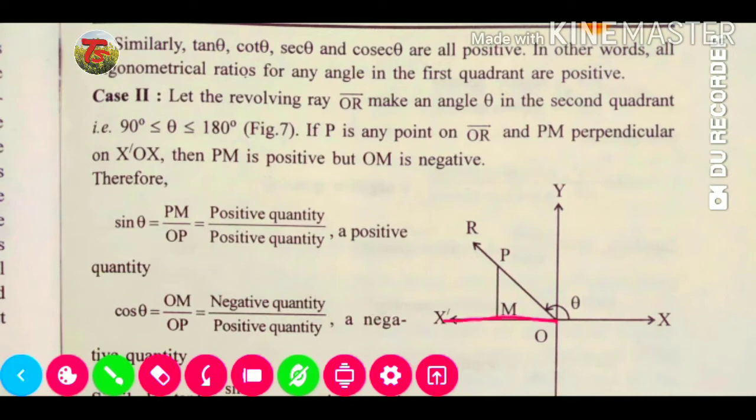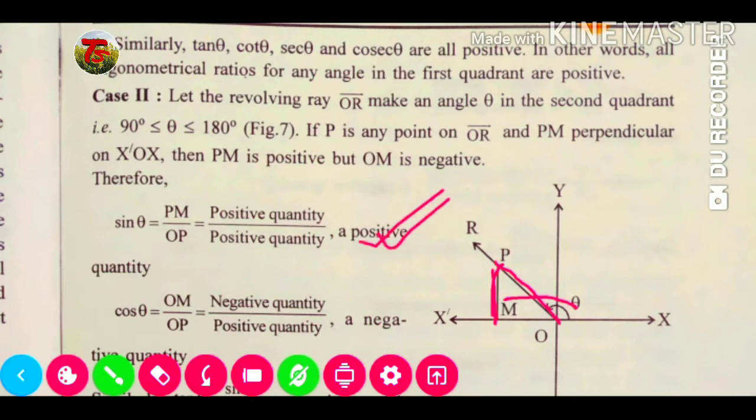So OM is negative. Now see, sin theta we know. Sin theta is the side opposite to the angle, this PM, divided by the hypotenuse. The hypotenuse is positive and PM also positive, so this one will be positive.